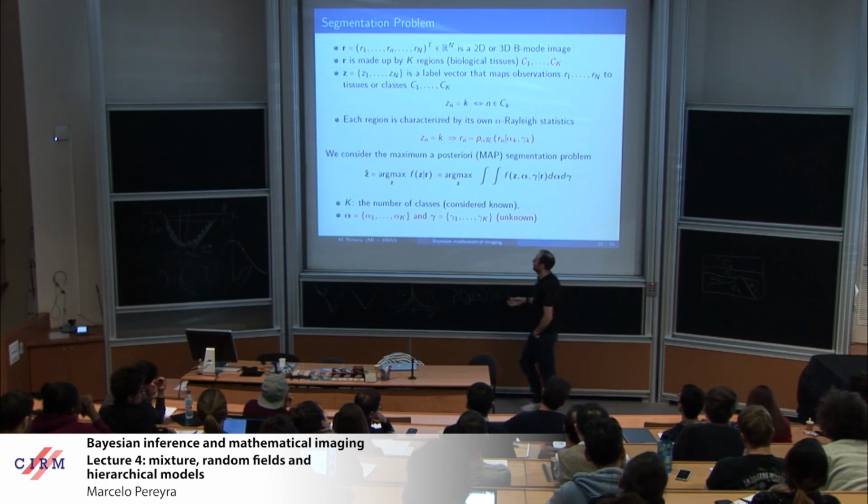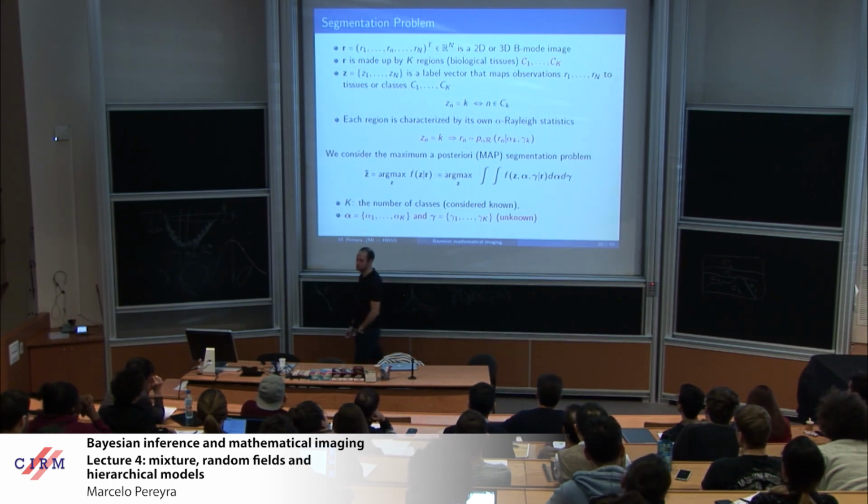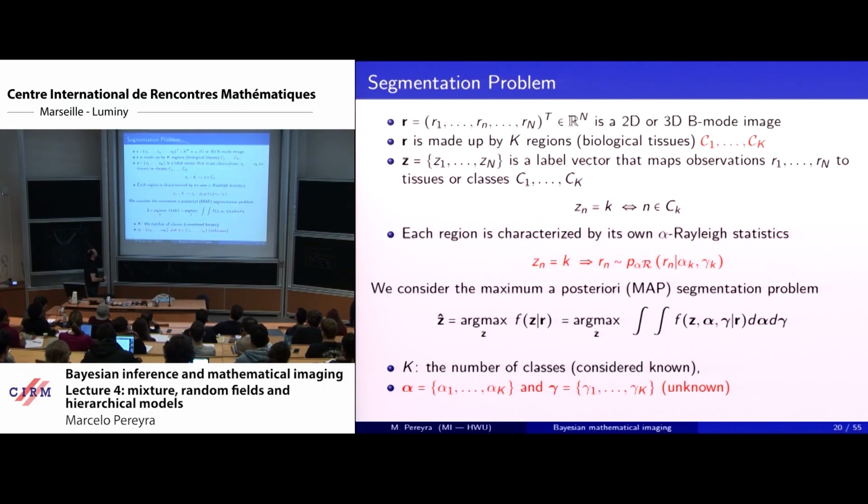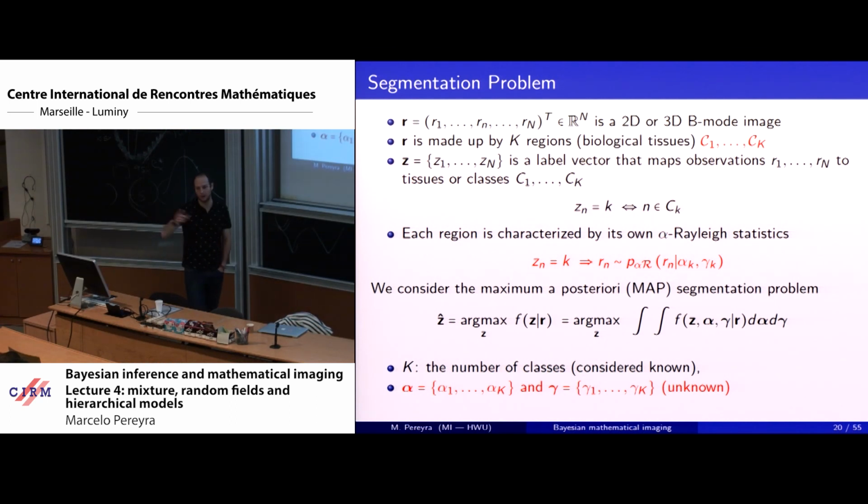So I'll postulate that I have K different classes of tissues in my image, and each class will be associated with a value that goes from 1 to capital K, and then each pixel, or voxel in 3D, will have a label. So we have N pixels or voxels in 3D, and then we'll have N labels. And these labels will map each pixel to a class. They'll say, this is dermis, this is hypodermis, this is epidermis.